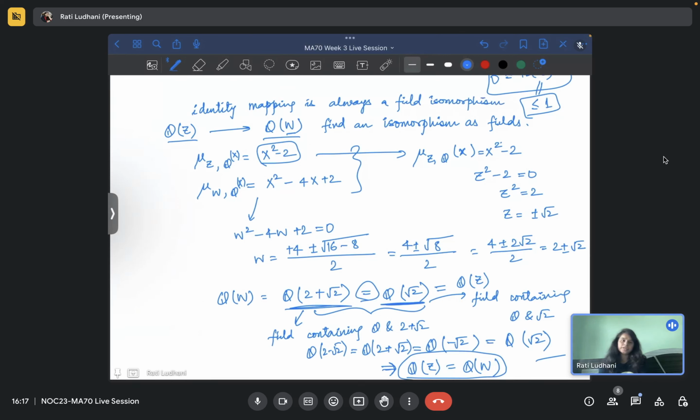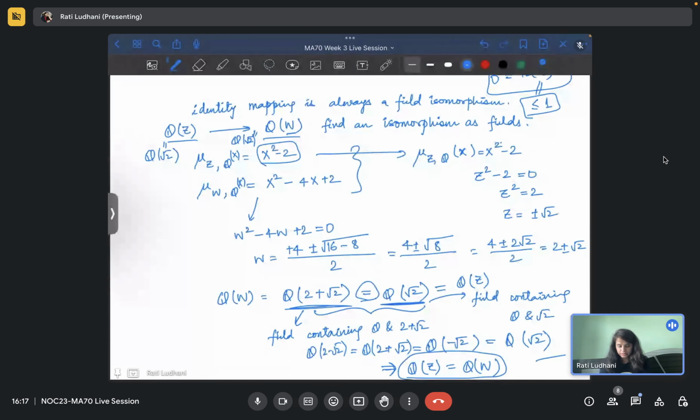So we just take the identity isomorphism and we are done, because this is the same as Q(√2) and this is also the same as Q(√2). Is that okay? Yes. Okay, so we are done for this question then.